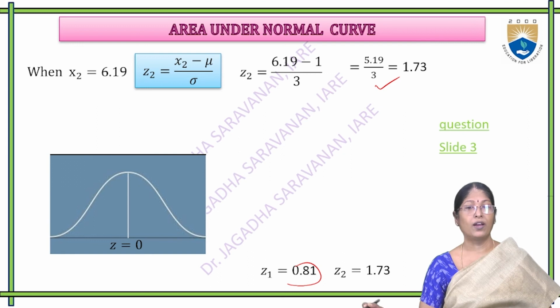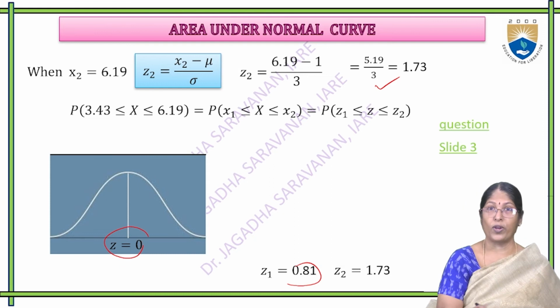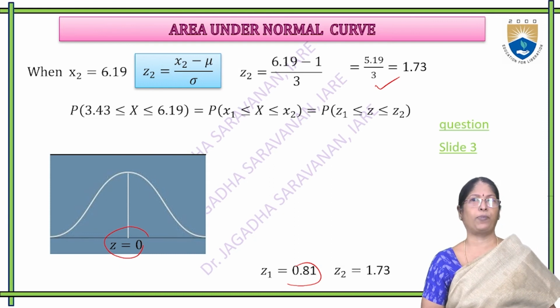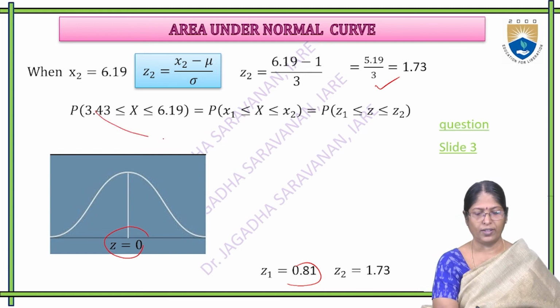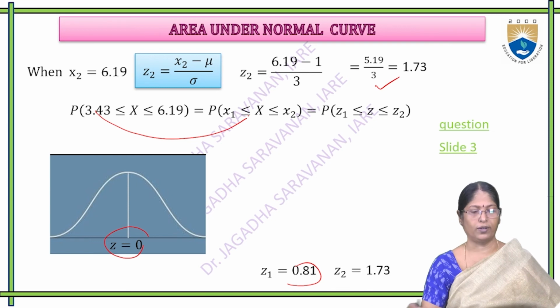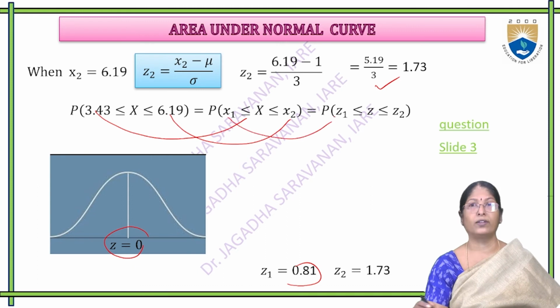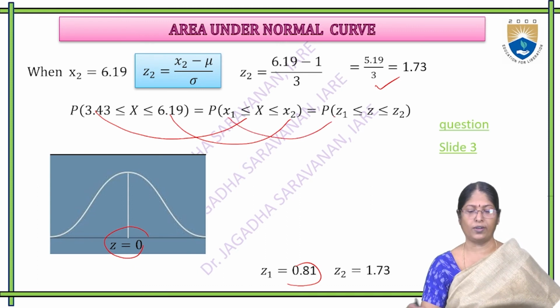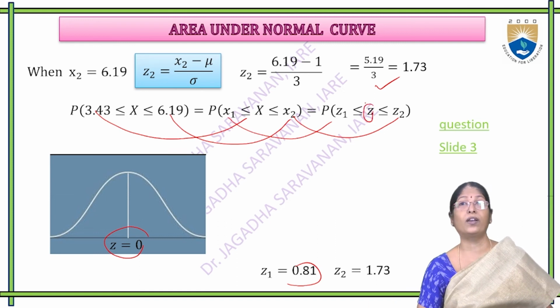If it is positive, it is on the right side of this point. We can check whether we are moving on the correct path. 3.43 is x1, 6.19 is x2; x1 is converted into z1 and x2 into z2. Our Z lies between Z1 and Z2. That is the area to be found.